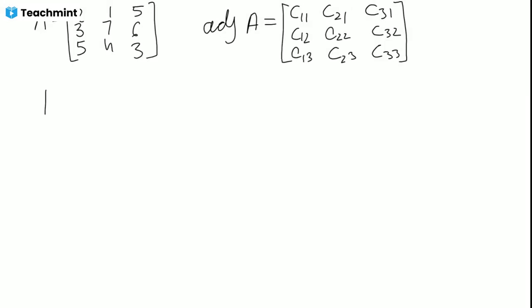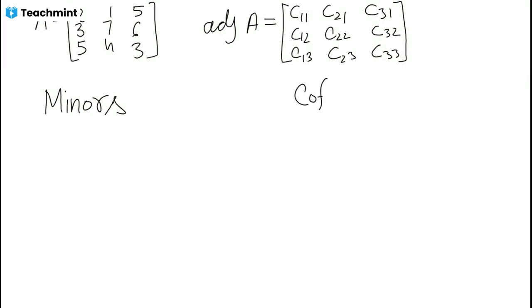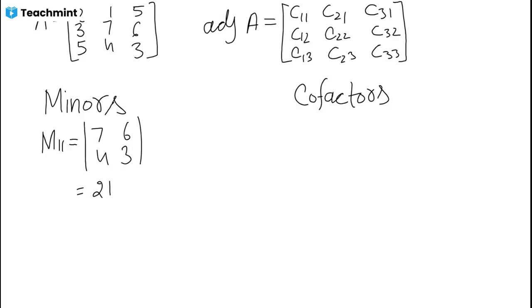So first of all, we'll find minors, then find cofactors. The first minor, that is M11, means just leave the elements of first row and first column and write the left. Got it? Yes, ma'am. 21 minus 24, that is minus 3.